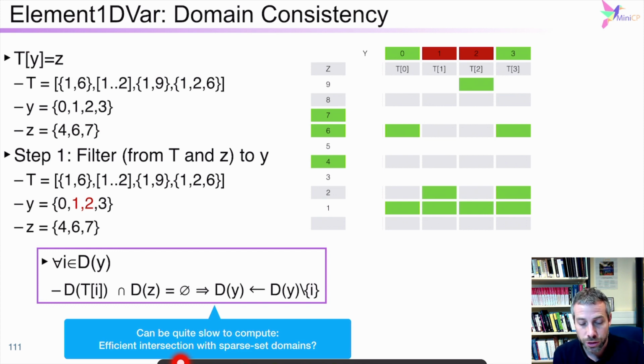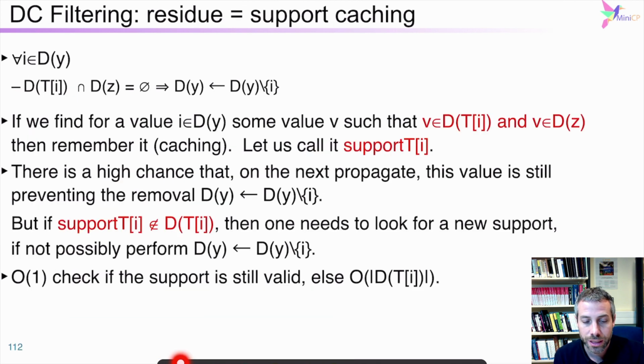But as you can observe, this can be quite slow because we need to efficiently compute the intersection between the T variable domain and the domain of the variable Z. So how can we do to make that a little bit more efficient? What we will use as a technique to speed up the computation of the intersection and then detect that it's possibly empty is support caching.